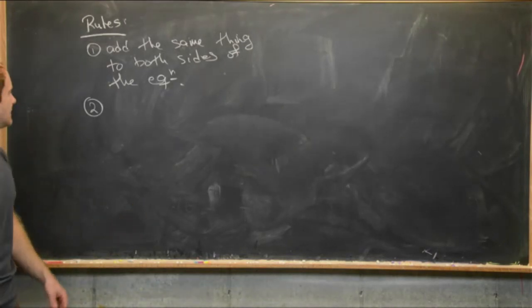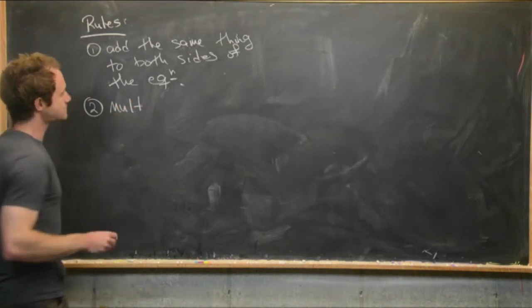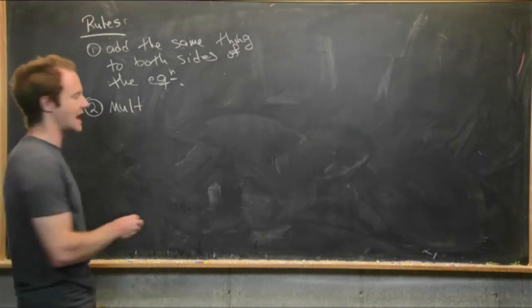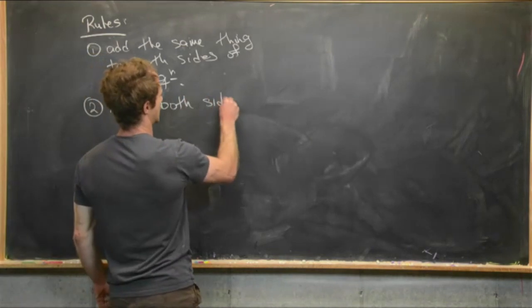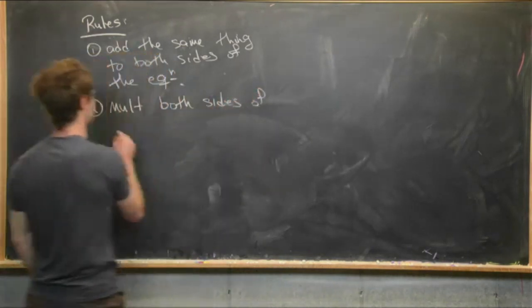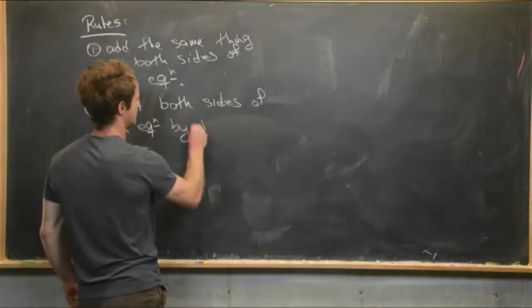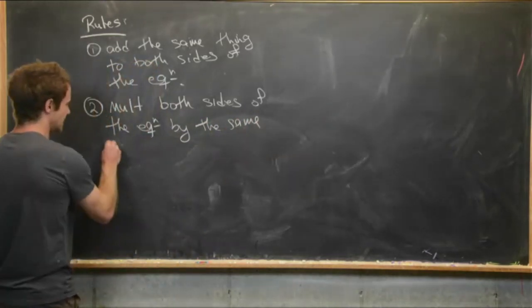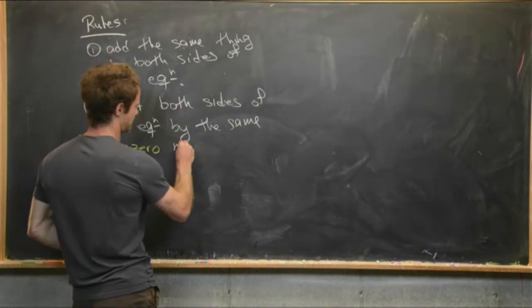And then the next thing that we can do is multiply each side, or both sides, of the equation by the same, and this is really important, non-zero number.